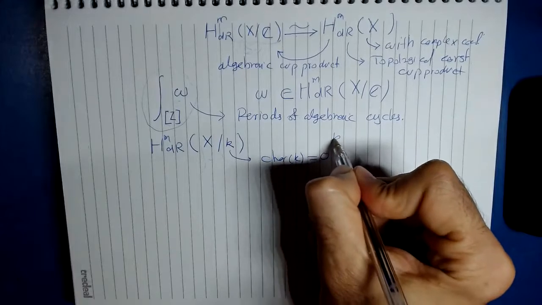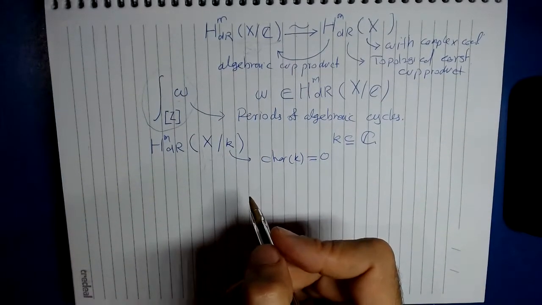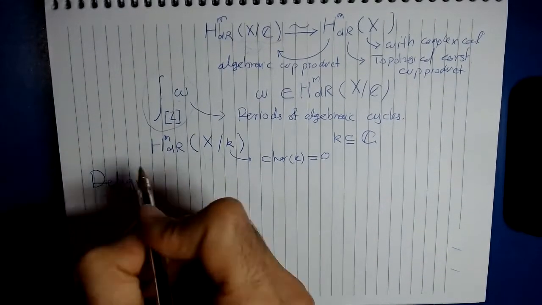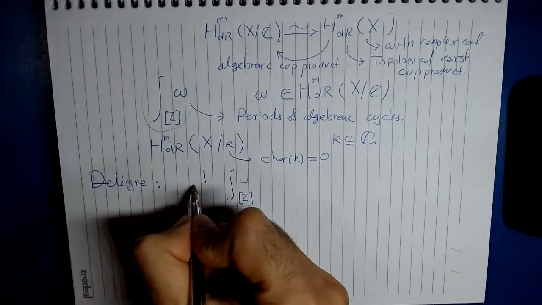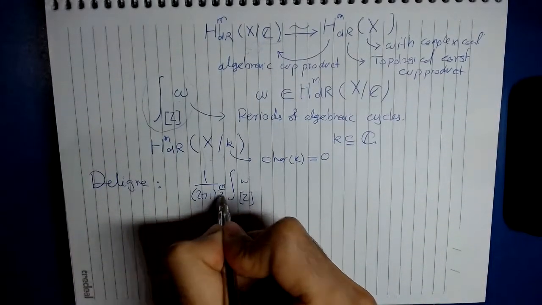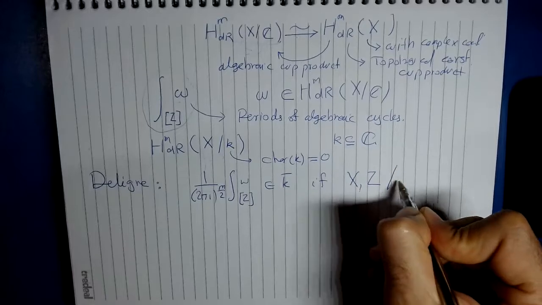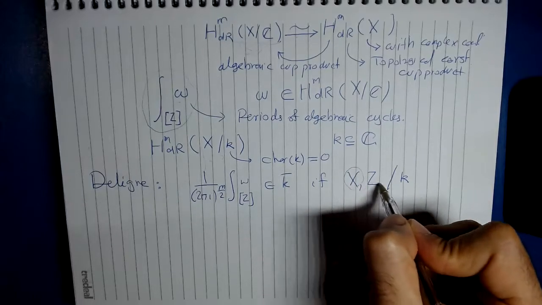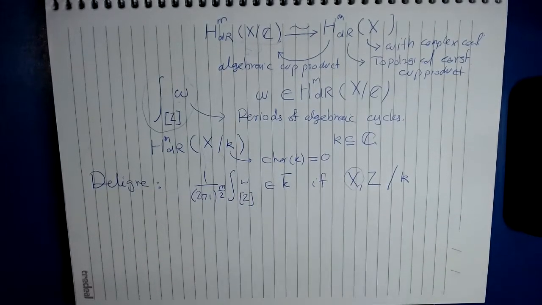And for our purpose, we will always assume that K is a subfield of C. And it was Deligne around the 1980s who observed that these numbers, up to this (2 pi i)^(m/2) factor, will be in K bar if X and Z are defined over K. So whatever you start from, X and Z defined over a field, these numbers will go to the algebraic extension of K.